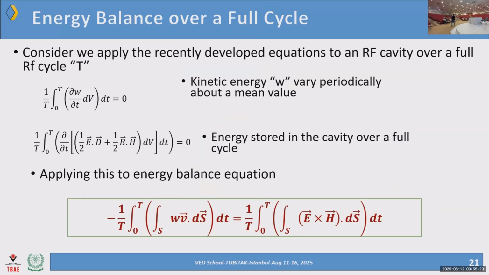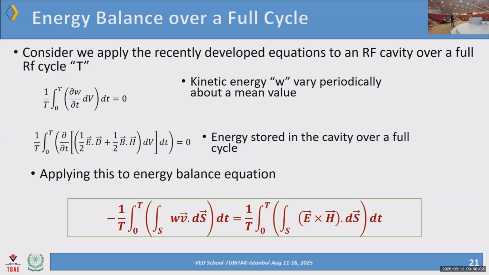We have a full period, and the wave is lasting for a certain time. What happens when the period is over? The equation which I showed a moment ago is simplified, and the kinetic energy term W, which is inside, goes to 0, and eventually there is no stored energy at the end of the cycle.